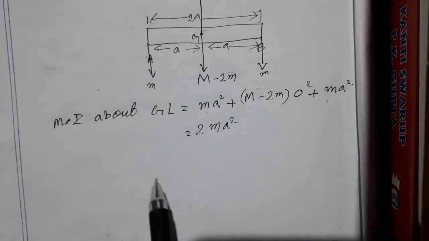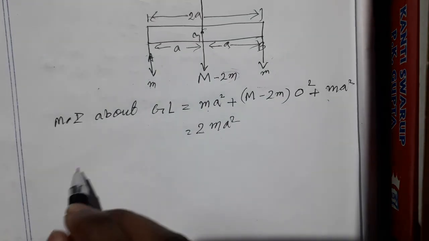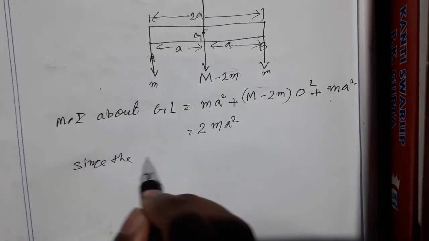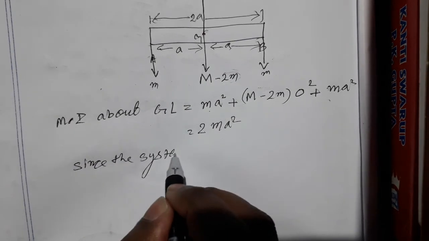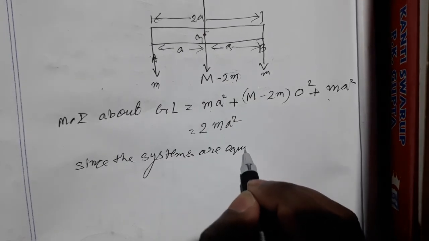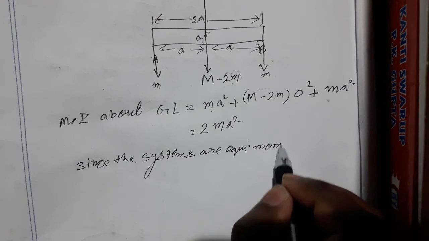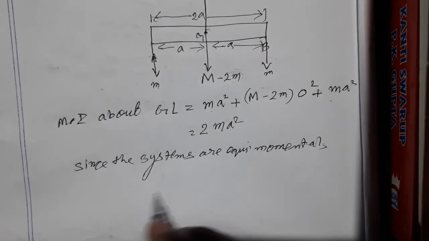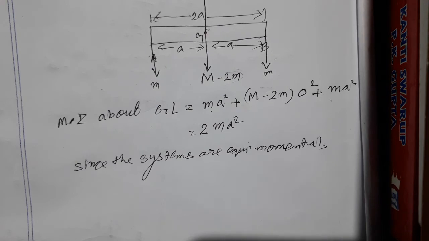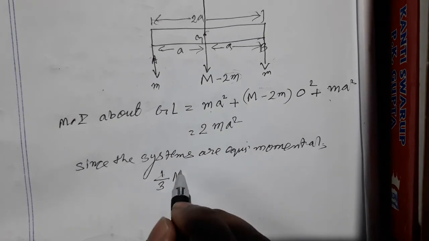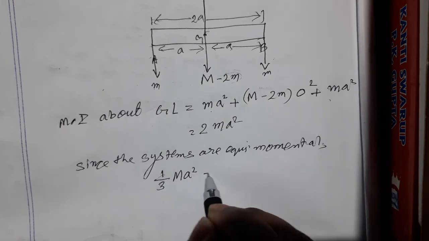So what was the moment of inertia of the rod? Since the systems are equimomental, we'll have: moment of inertia of the rod about GL, we got here, it is 1 by 3 ma square. And here, how much we got?